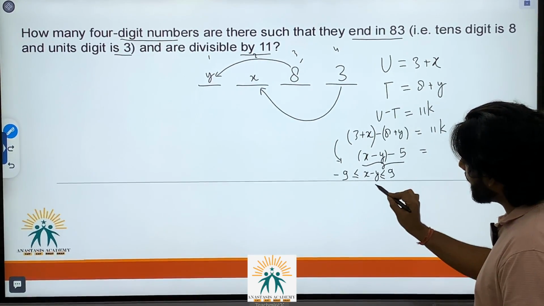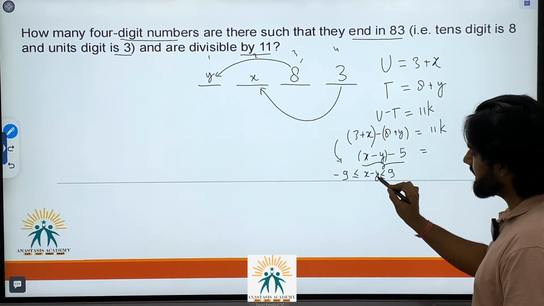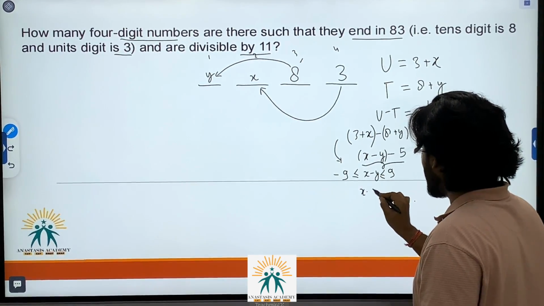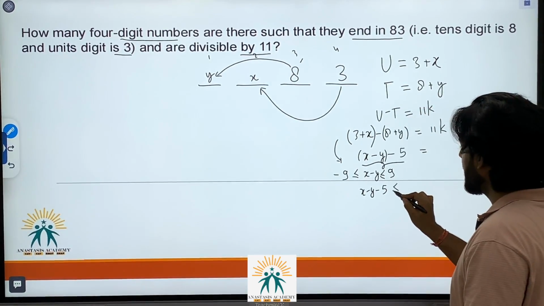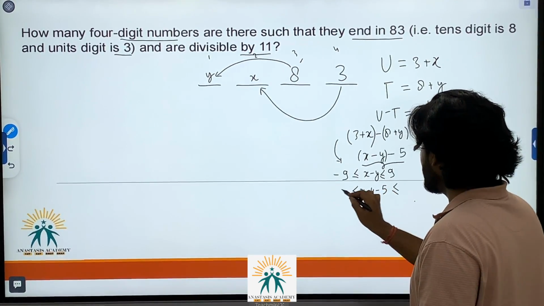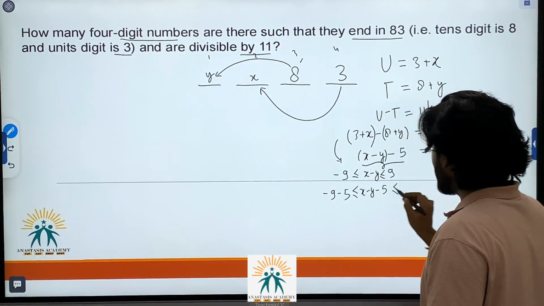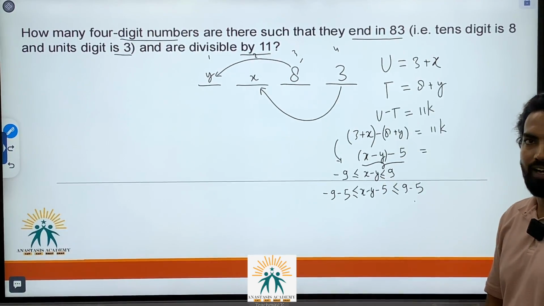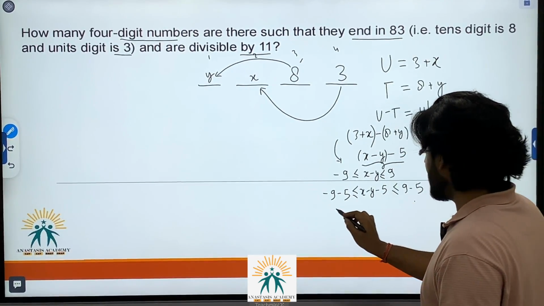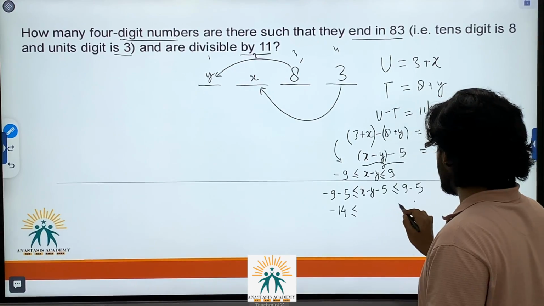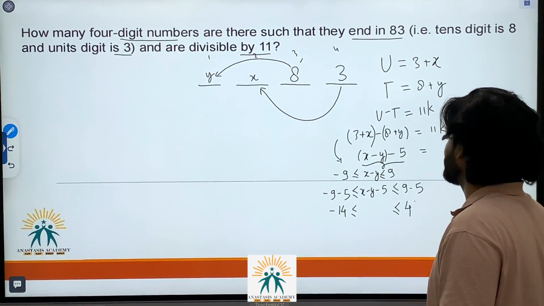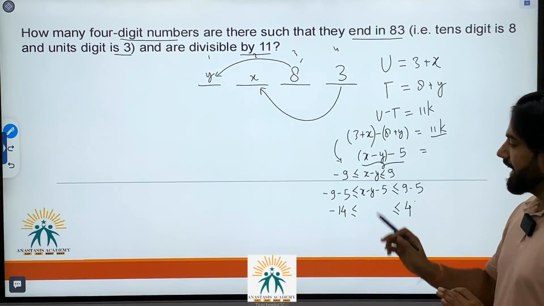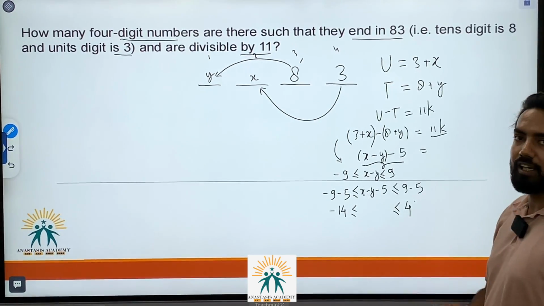So this is the range of x minus y. When I subtract 5 from this difference x minus y, I get the range of the whole expression x minus y minus 5: it will be minus 9 minus 5 up till 9 minus 5. This would be the range of this expression, right? So it becomes minus 14 and the upper limit is 4. Now this expression has to be a multiple of 11 in this range from minus 14 to 4.